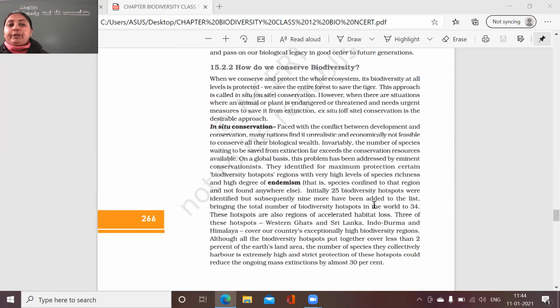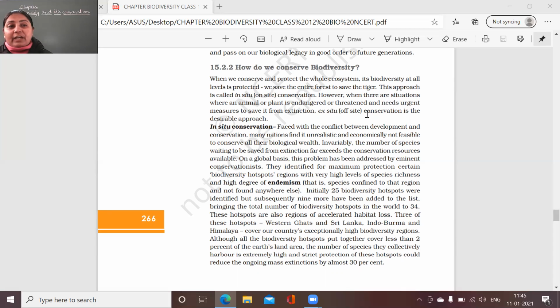वो कहते हैं कि if you want to protect a tiger, then you have to protect the forest and the tigers are protected as it is. ठीक है, अगर आपकी टाइगर की स्पीशीज वो इंडेंजर्ड स्पीशीज बन गई है, आप उन्हें बचाना चाहते हैं, तो अगर आप पूरा फॉरेस्ट ही बचा लोगे तो टाइगर की जो स्पीशीज है वो अपने आप ही प्रोटेक्ट हो जाएंगी, प्रिजर्व हो जाएंगी. ठीक है, तो वो कहते हैं कि if you want to save an endangered species or to protect an endangered species, you have to protect the entire habitat of that species.